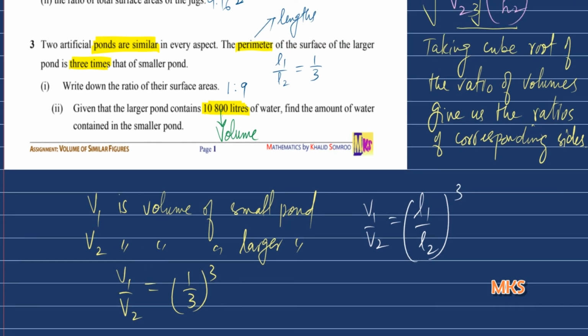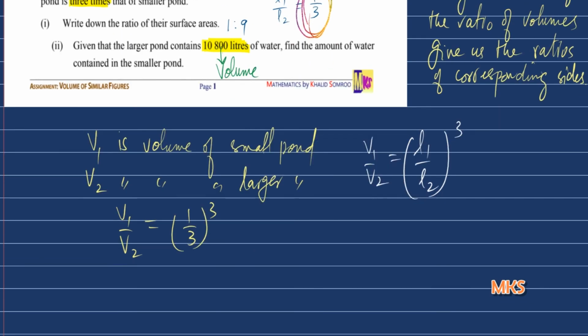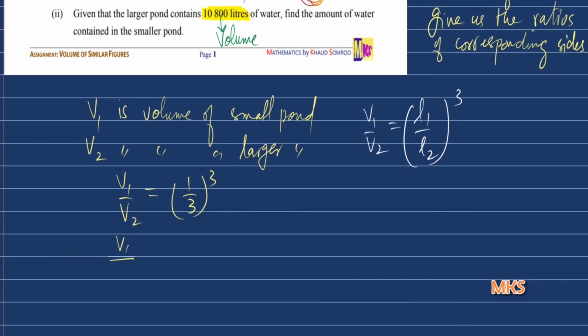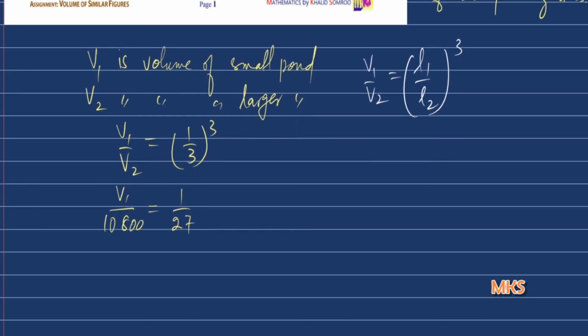And the ratio of lengths, we have already talked about this one. And the volume of the larger one is 10,800, given in the question, so V1 over 10,800 is equal to 1 over 27, because the cube of 1 is 1 and the cube of 3 is 27. So V1 will be equal to 1 over 27 times 10,800. So that is 3 threes are 9, 6 threes are 18, and then 9 fours are 36, which gives 400 liters.